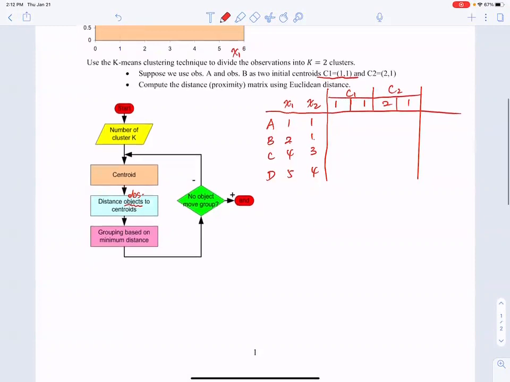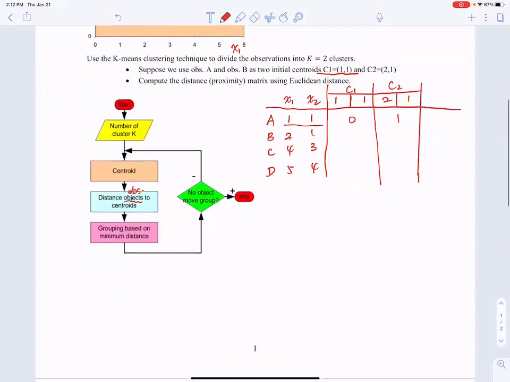Now let's calculate the distance from A to center 1. This is 0. For center 2, it is 1, because 1 minus 2 is 1 and 1 minus 1 is 0. Because we are using Euclidean distance, it's 1.